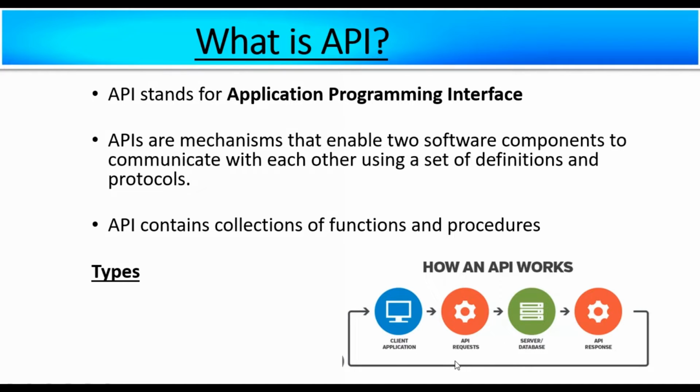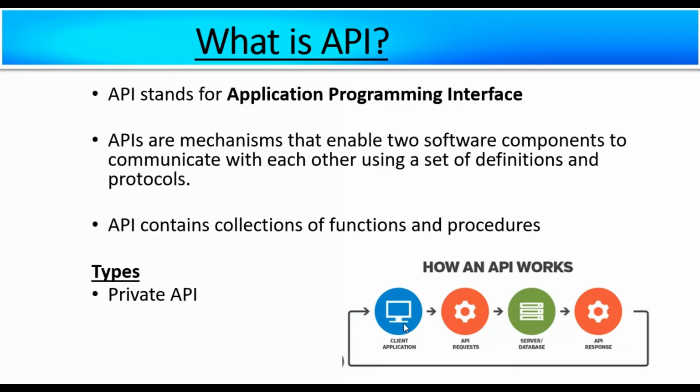Then the API request will be sent to the server side. Once the request is received by the server, it will process the request and send the API response back to the client application. It can be a success response or it can be a failure response. So this is how exactly the API works.